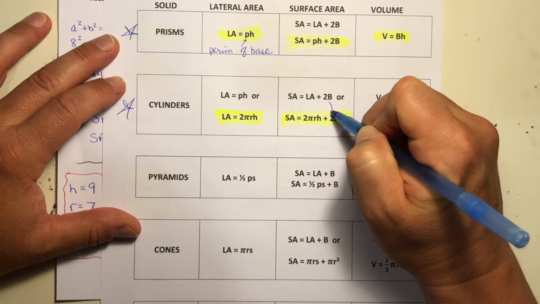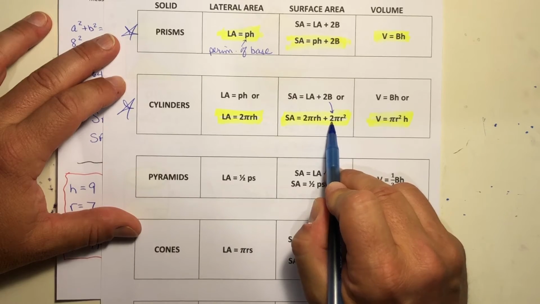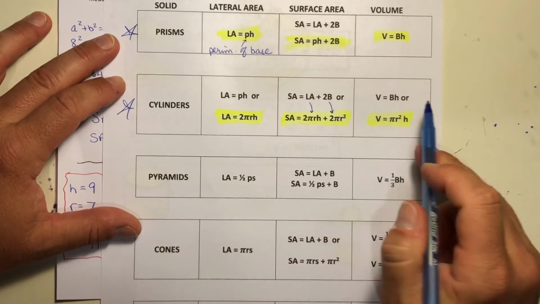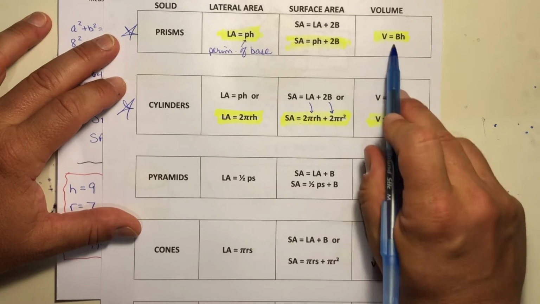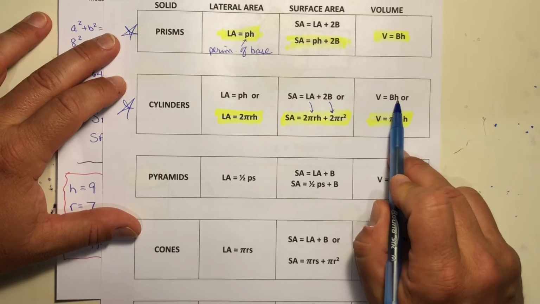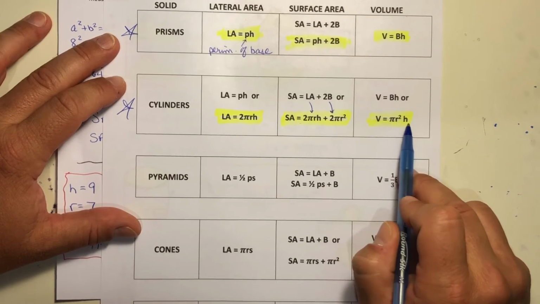However, the bases are circles, right? So we're going to use pi r squared twice. Okay, lateral area will be 2 pi rh. We'll get to that in a minute. Volume for prisms and cylinders is always the area of the base times how tall it is. But since the area of the base will be a circle, it'll be pi r squared times how tall it is.